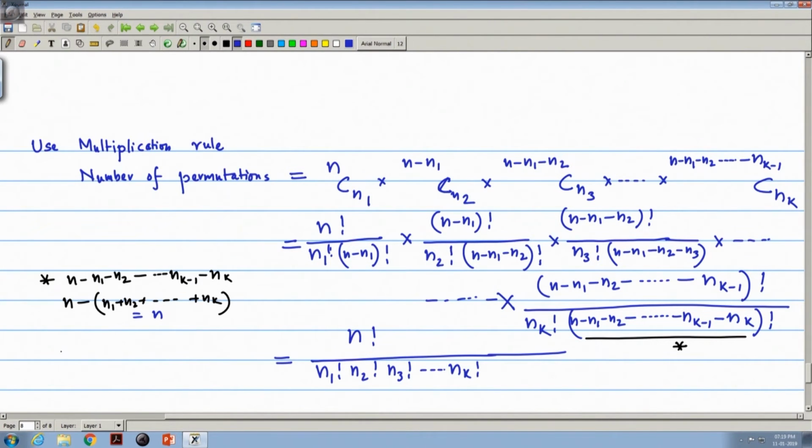So this is n minus n equal to 0. So I get for the last one 0 factorial, which gives us n factorial divided by n1 factorial, n2 factorial, n3 factorial, up to nk factorial. So, this is the proof.